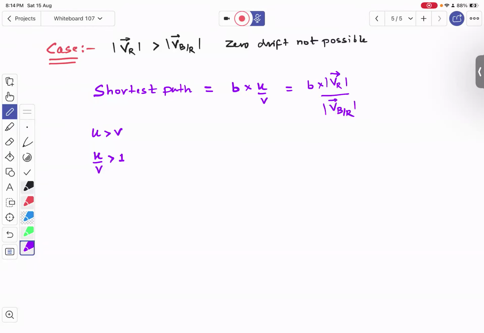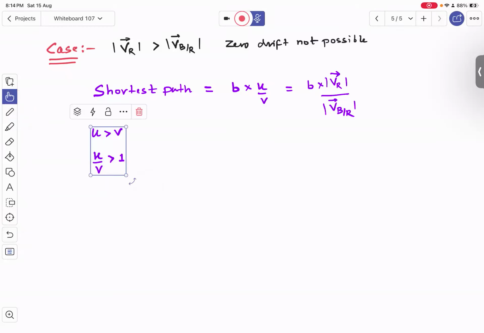So like that, you can't forget this result even, no? Earlier case answer B, here answer more than B. So multiply it with the ratio of the speeds. Obviously not V by U, since V by U is less than 1. Then how can the path be less than the river width? Not possible, no? So this is the answer.